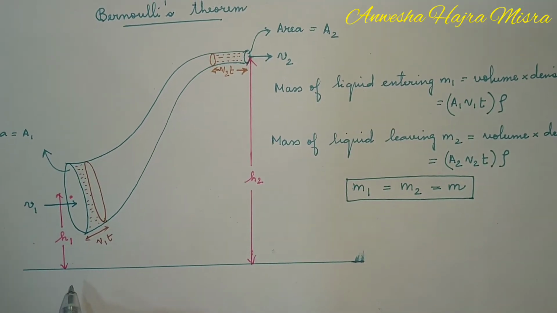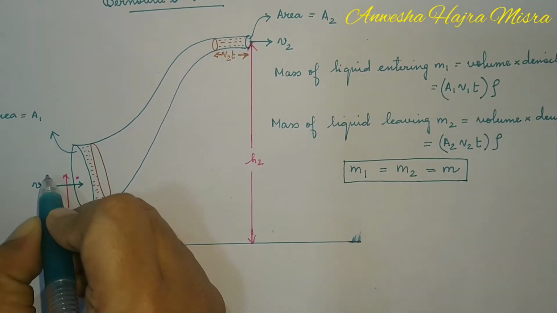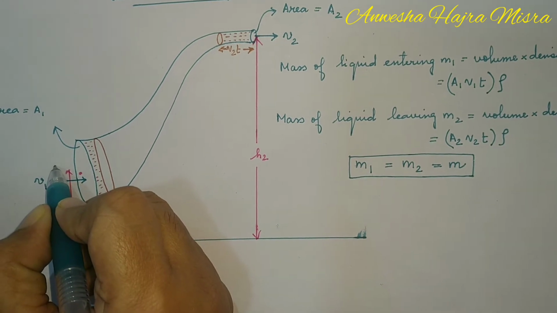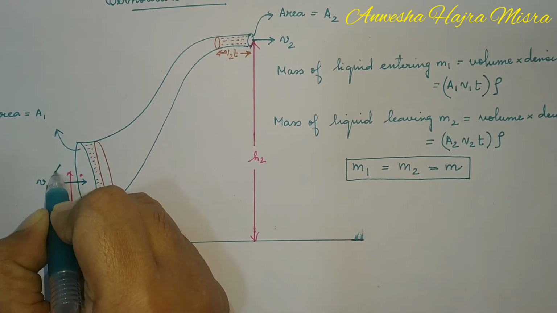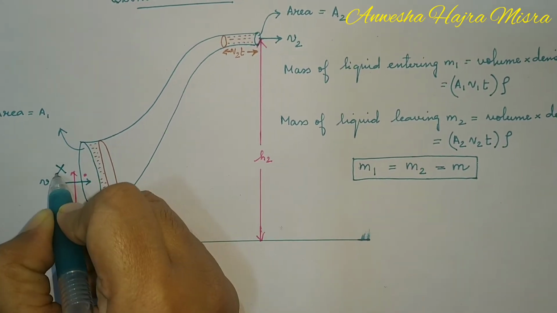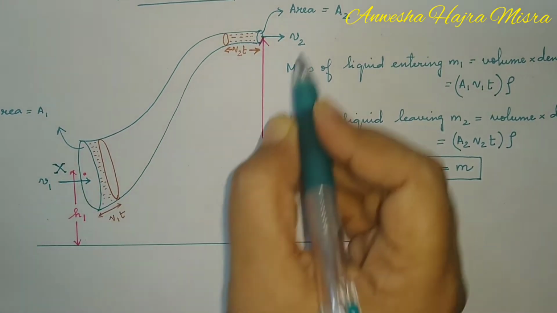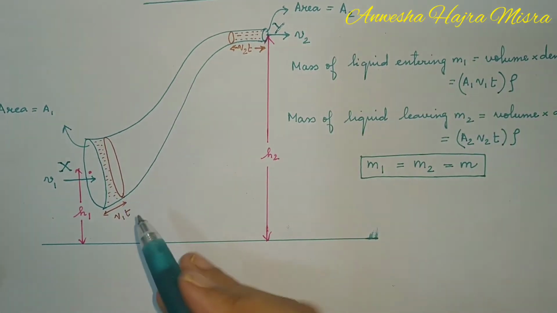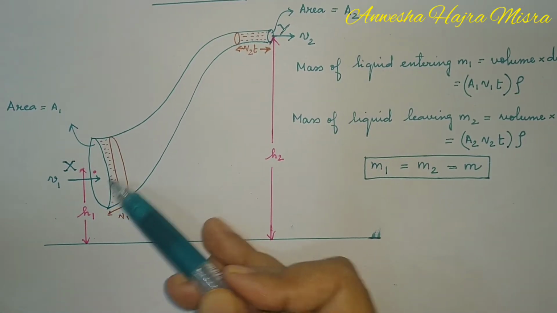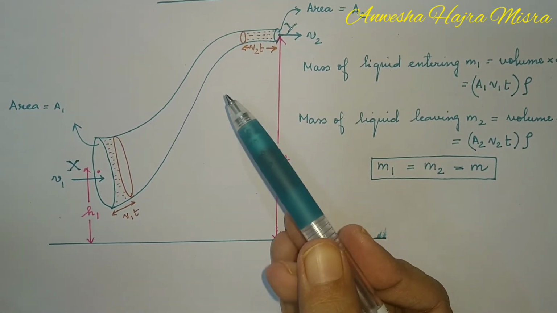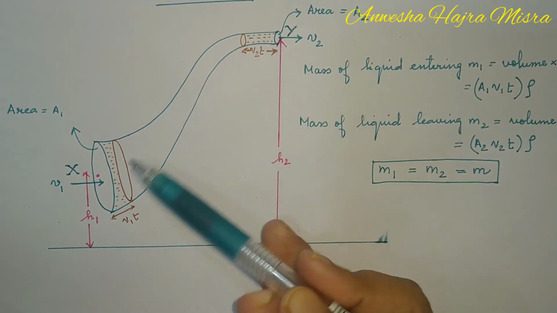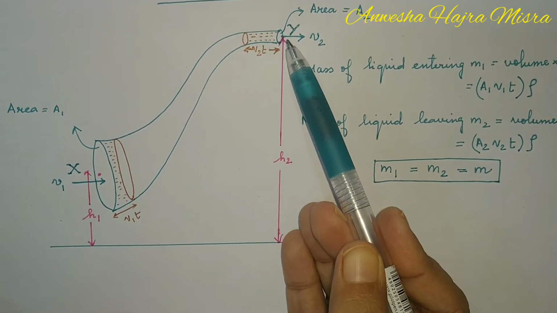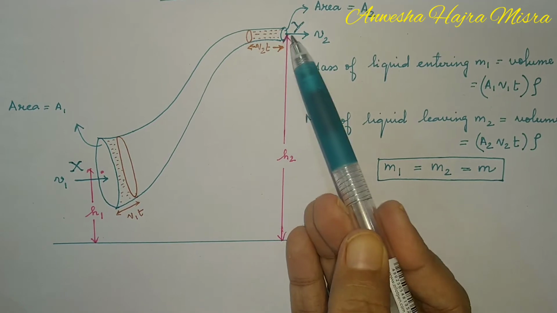So if you consider the situation at x and y, you will see that as mass is the same in either case, velocity is more over here.